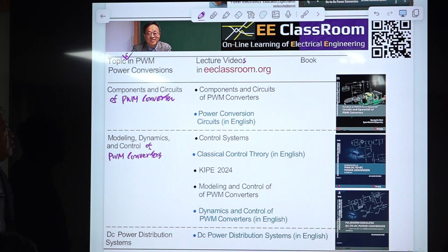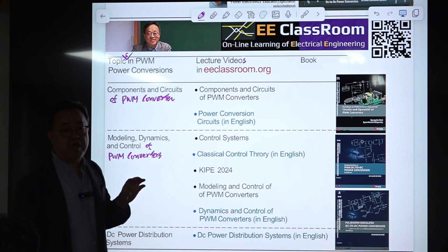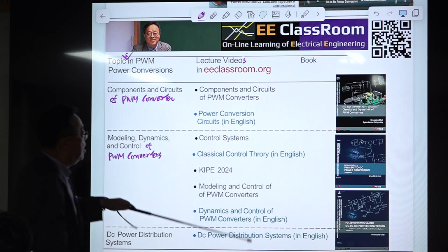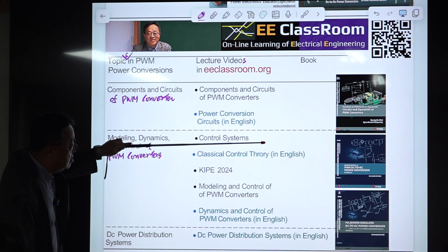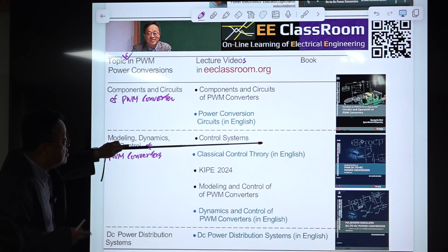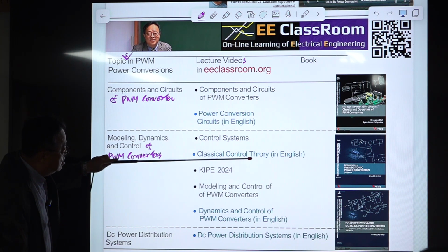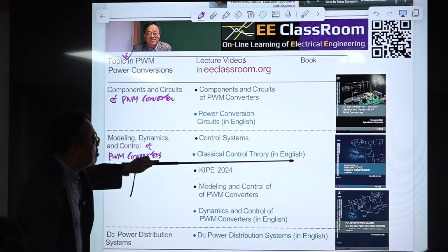Okay, and another one is this. Most circuit analysis techniques are in here. Okay, but some basics about the classical control theory are provided in this course. This was the senior course for undergraduate students, and this is done in Korean. So this will be good for the domestic students. And this is classical control theory.